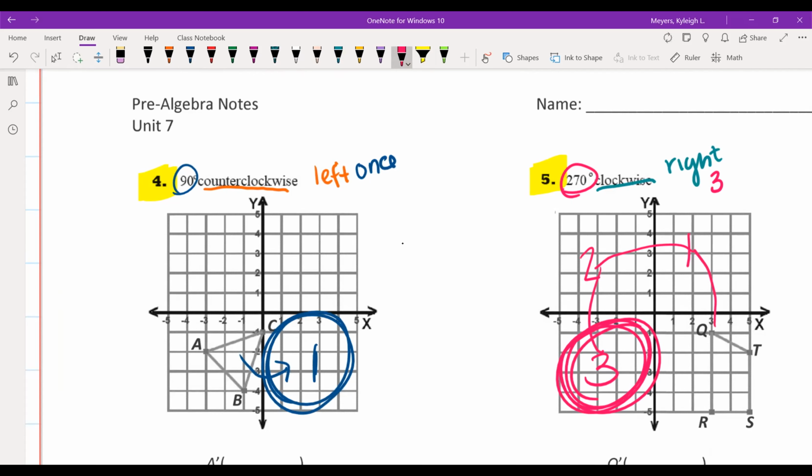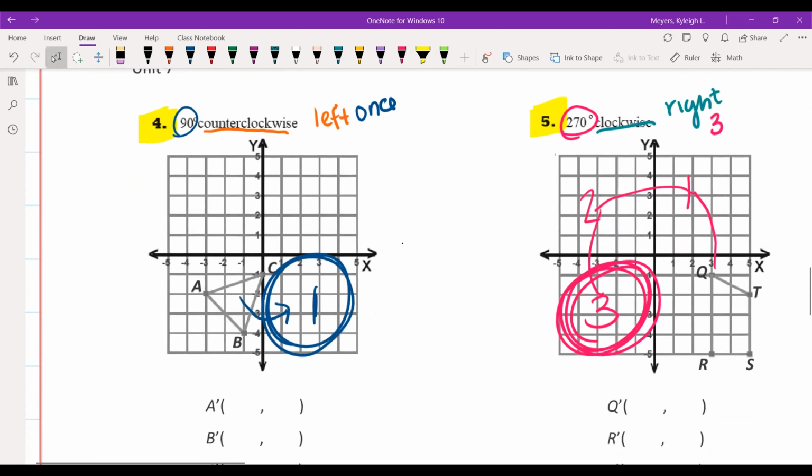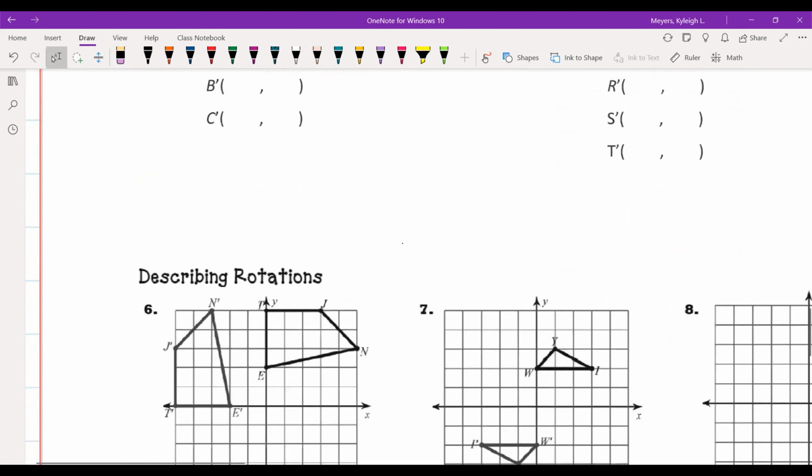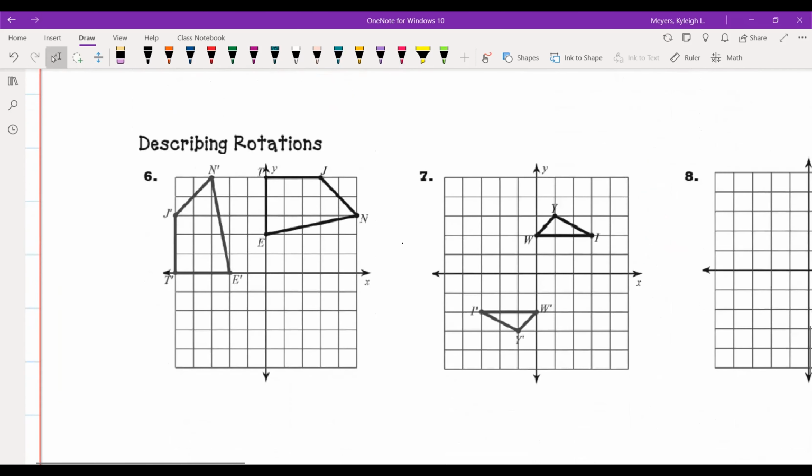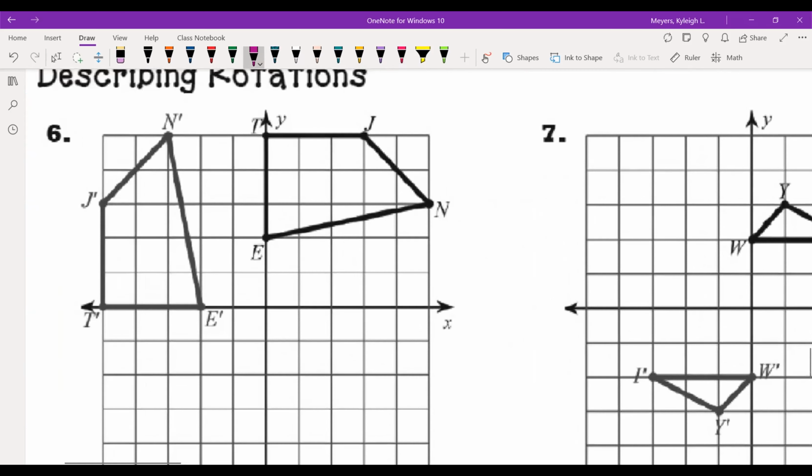So we're going to keep on going, okay, because we want to look at describing rotations. So describing rotations, we have to figure out which one's our first shape. And we figured that out based off of the letters, right? These ones have the apostrophes. So this is our new shape. This is our old shape.